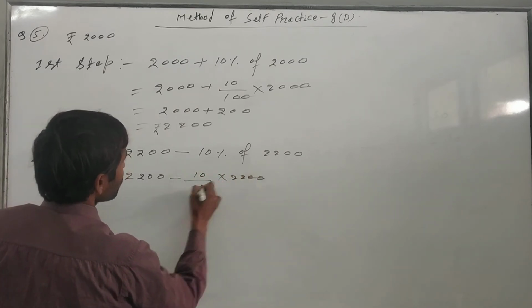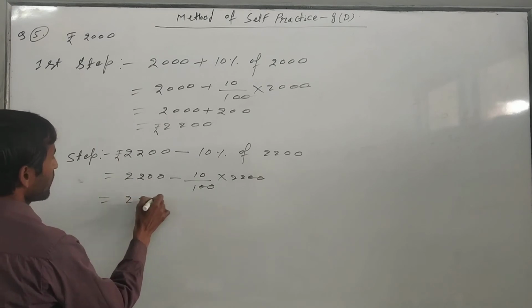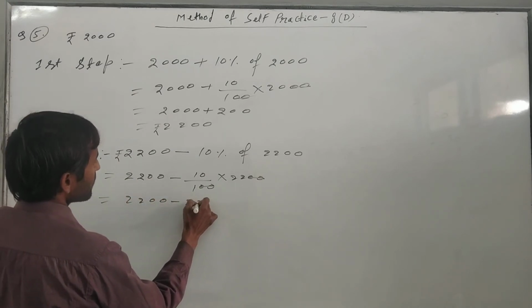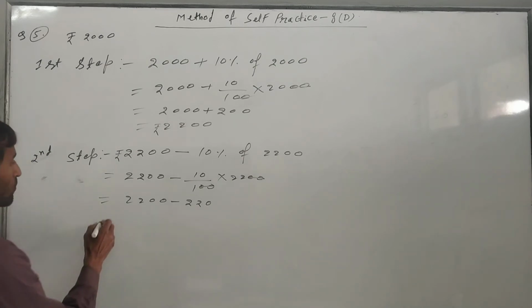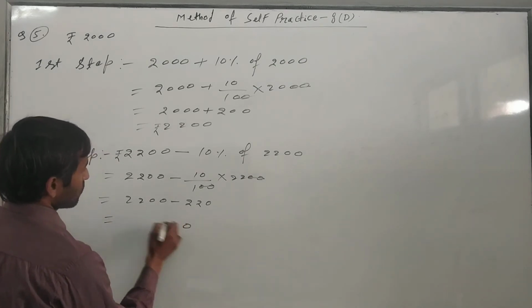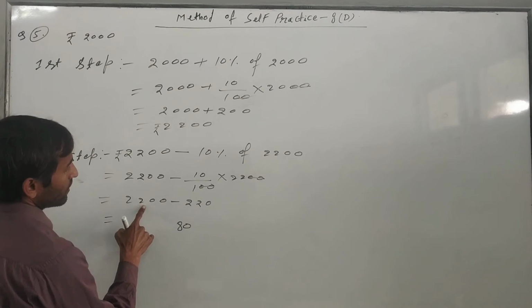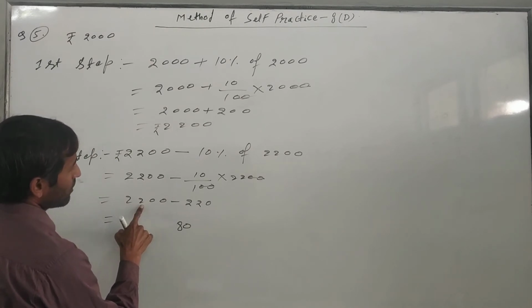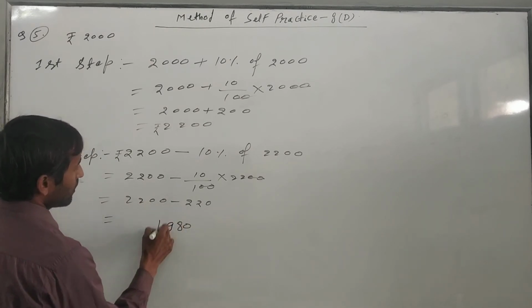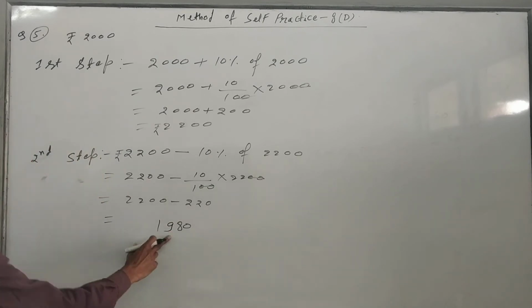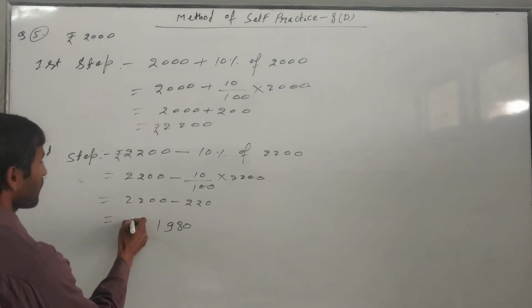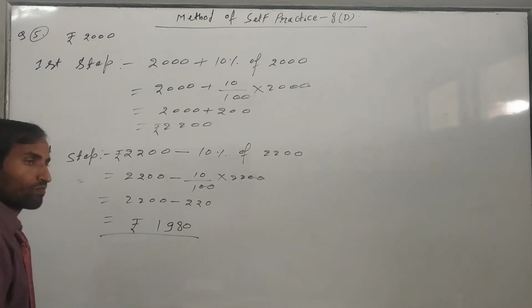The 20s will cancel, so 2200 minus 220. Now we subtract: 0, then 8 will come, 11 minus 9 will come, and 1 will be there. So the final answer is 1980 rupees. This is the final required answer.